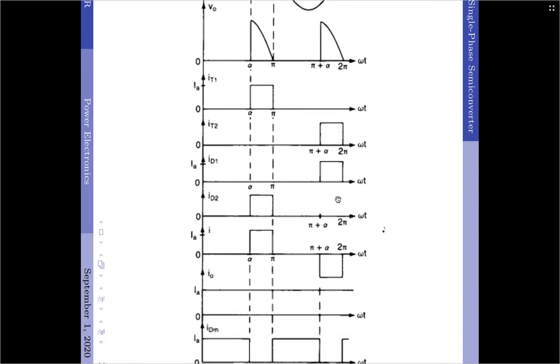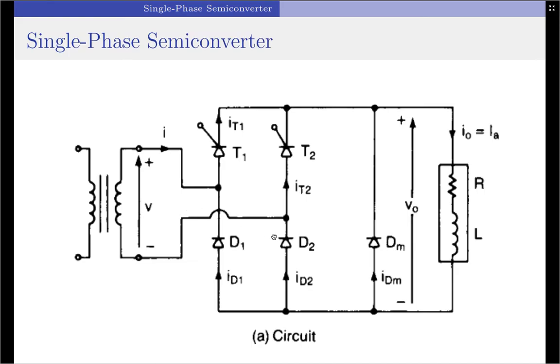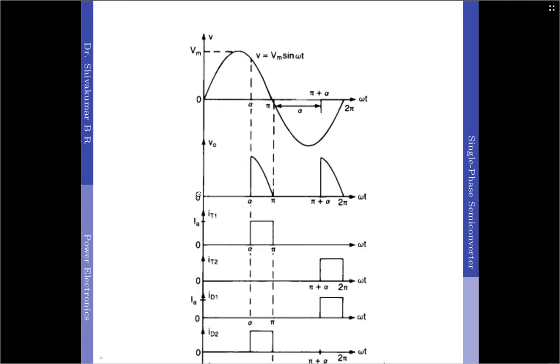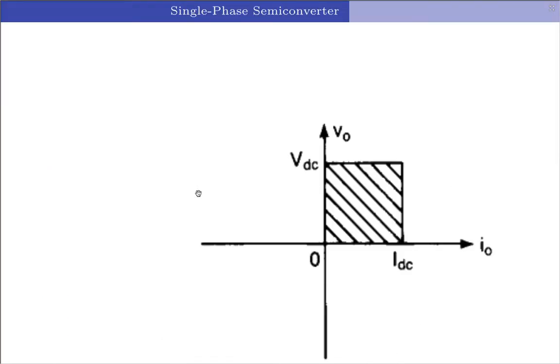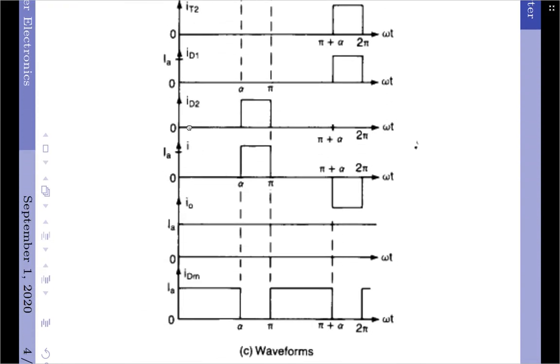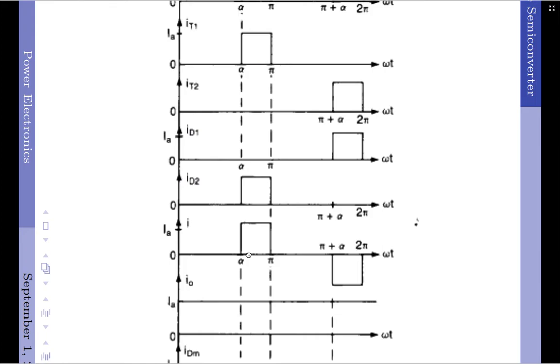Now finally, coming to the value of the secondary current. You see, in the positive half cycle and the negative half cycle, what will happen to the secondary transformer current? Let us look into that. Right, this is actually the case. So when thyristor T1 is conducting and diode D2 is conducting, the secondary current is IA.